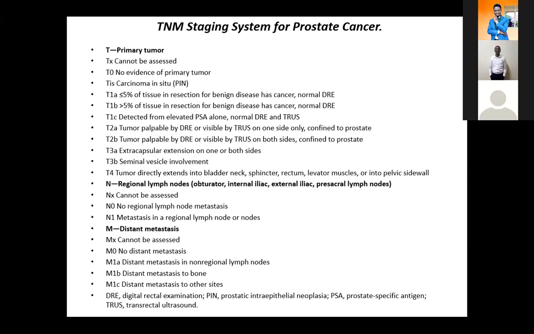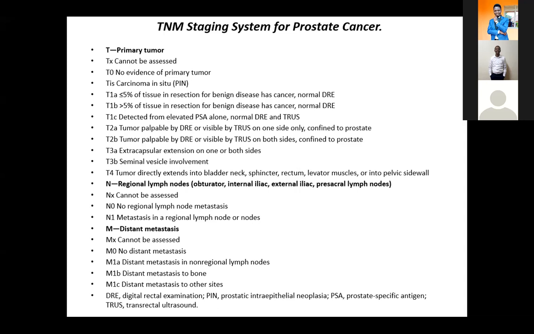And when you resect this tissue, then you should send all of it to the pathologist, and they should actually examine all the tissues ideally. And if less than 5% has cancer, then it is T1A. If it is more than 5%, it is T1B.